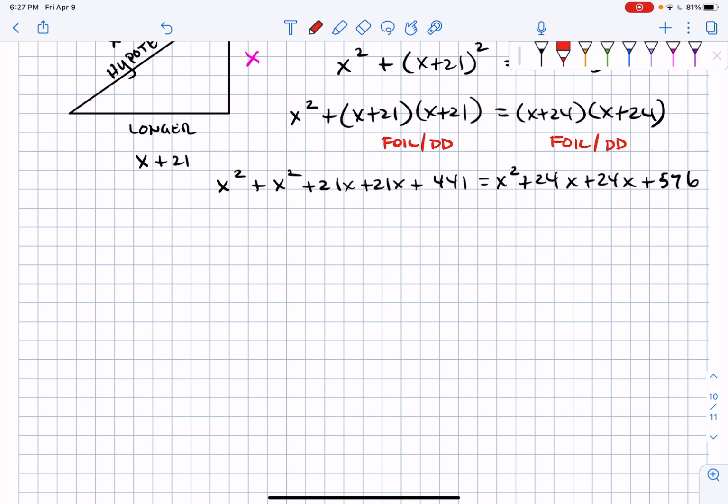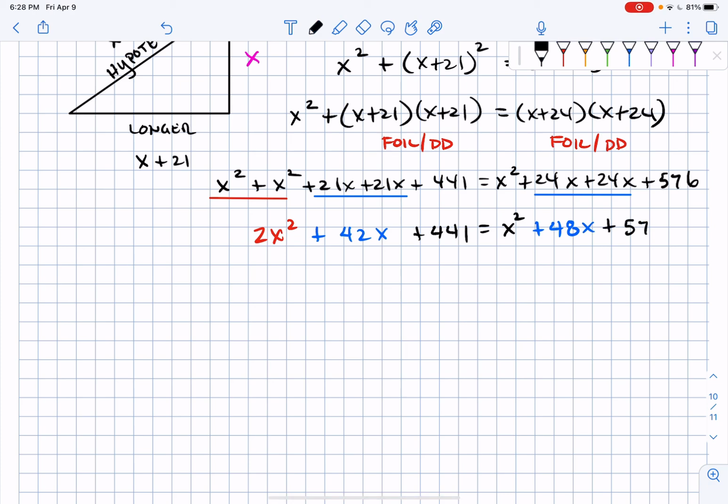So that's going to give me a 2x squared, plus 42x plus 441, is equal to x squared plus 48x plus 576.